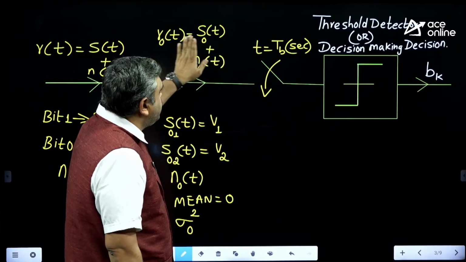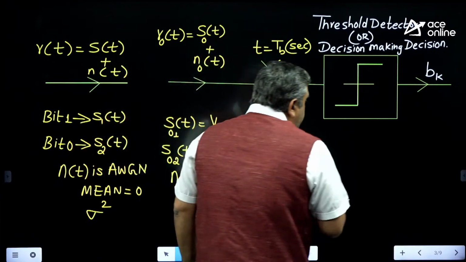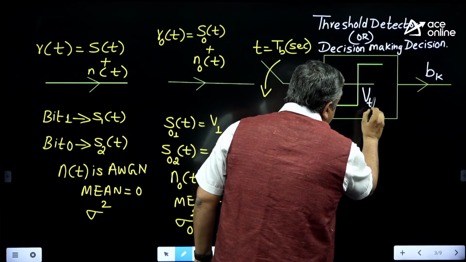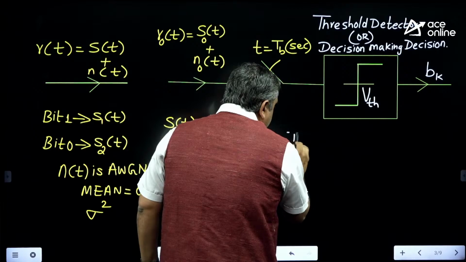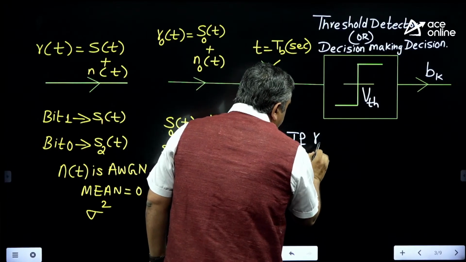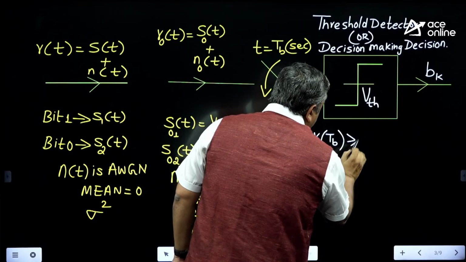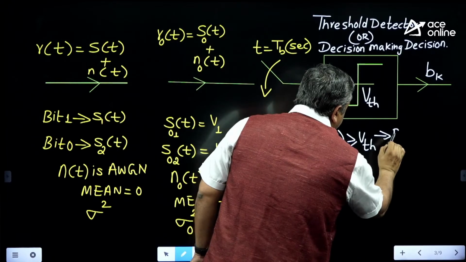How will we develop the bit sequence? You have this R naught of t coming at this stage, sampled at t equal to tb. So what we do here is we set a threshold voltage VTH. We write an algorithm. If this value of R naught of t at t equal to tb is greater than or equal to VTH, then you decode it as bit 1.